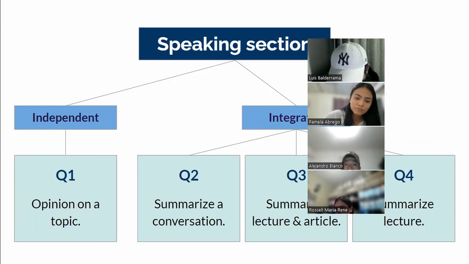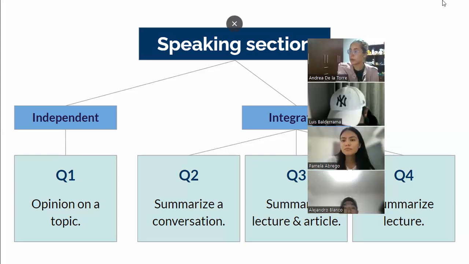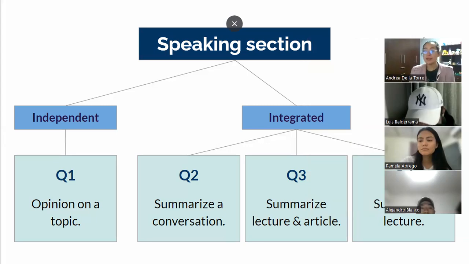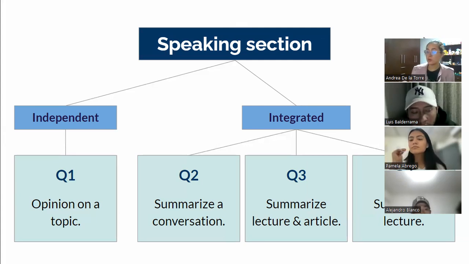Now, in the speaking section, you will have both independent and integrated questions. Does anyone know what that means by any chance? Independent, integrated, any ideas? Well, the difference is that when you have the integrated questions, you're supposed to integrate different skills.